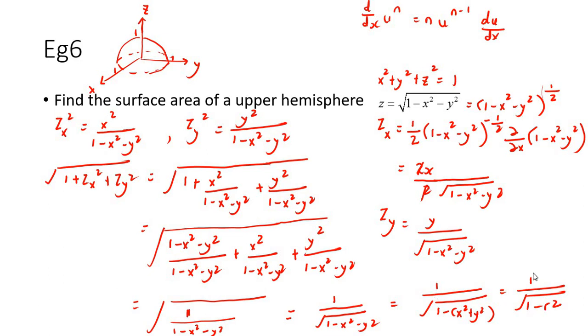Remember, simplified, you get the integrand 1 over the square root of 1 minus r squared. And then your surface area will be the double integral of the square root of 1 plus zx squared plus zy squared dA.